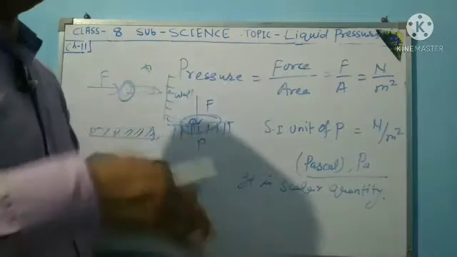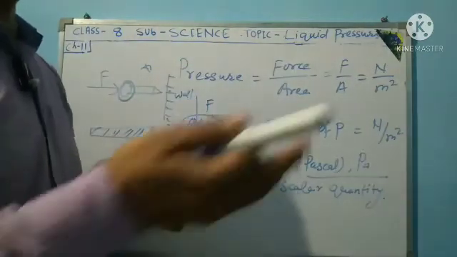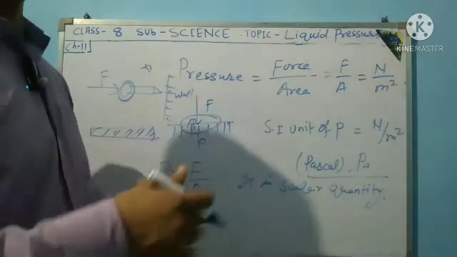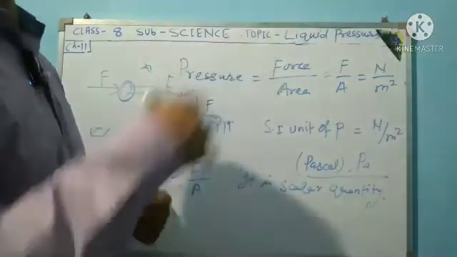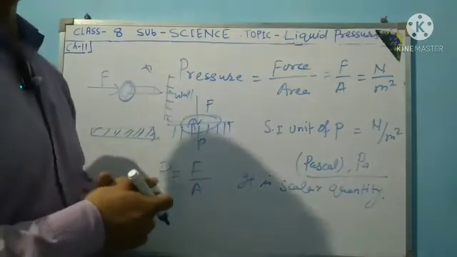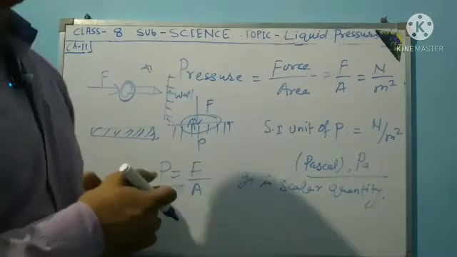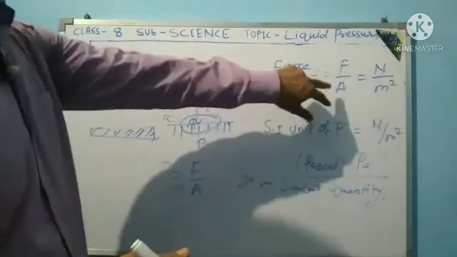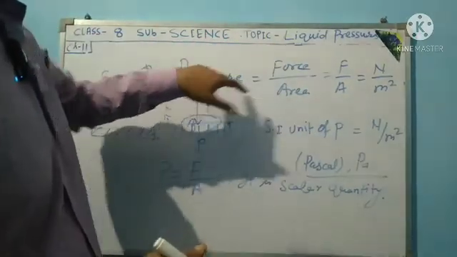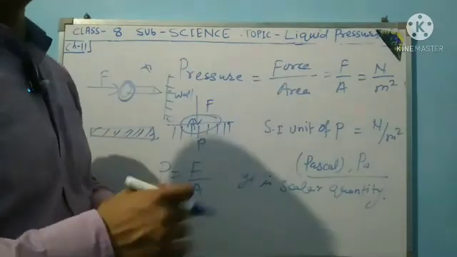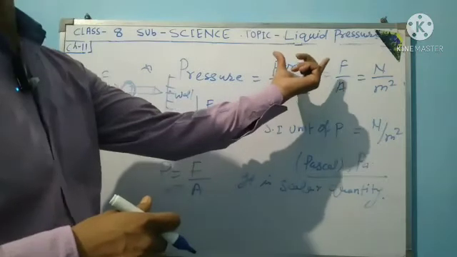In common words you say our knife is very sharp, so it cuts easily. Why? The reason is less force is applied on the vegetables, so they are easily cut. That depends on area. If the area is very sharp, means less area, then pressure increases.